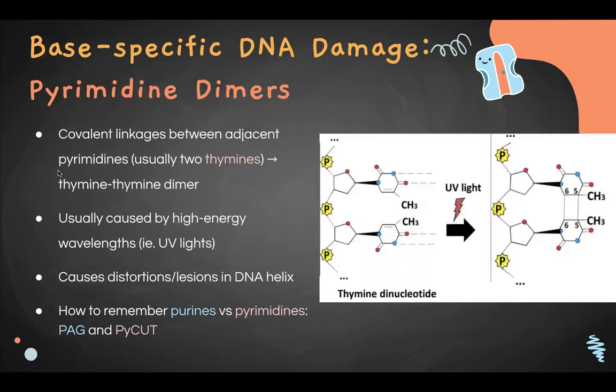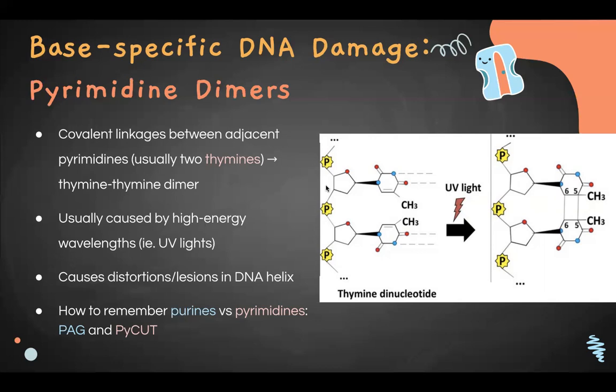And the next one that can occur is pyrimidine dimers. What this is, first of all, is a covalent linkage between two adjacent pyrimidines, and it usually occurs between thymines, and it'll form what's called a thymine-thymine dimer.